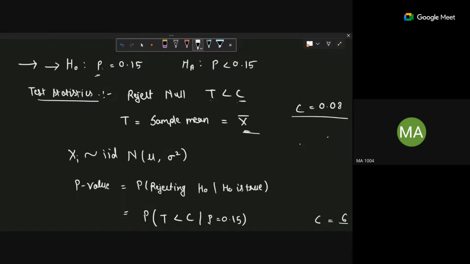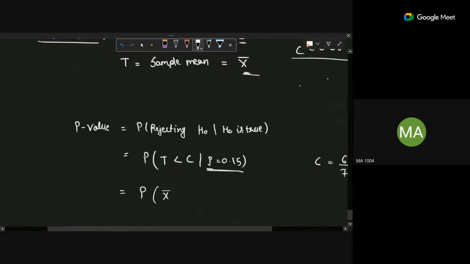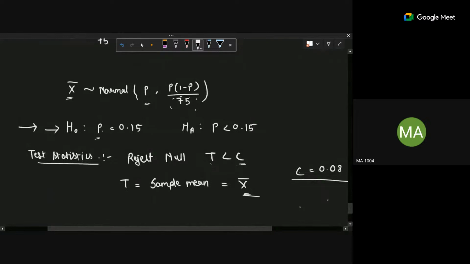Now xi's are normally distributed. It's not given here, but we know that X bar is. Then the p-value is what? Probability of rejecting null when it was true. Now, once you write it again, t less than c, given that p is 0.15. Now look at the X bar. Your p is nothing but the nu, right? Your p is the mean of the X bar.